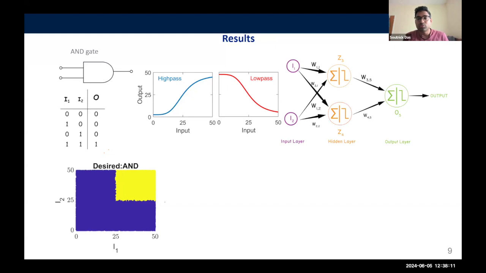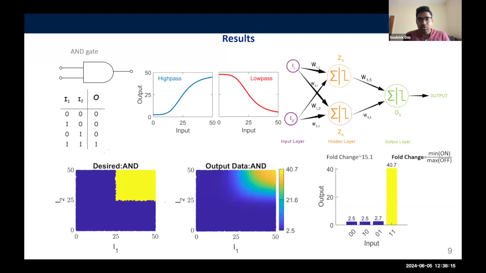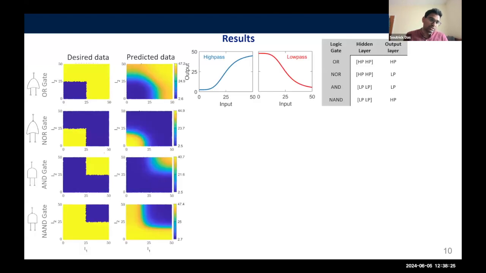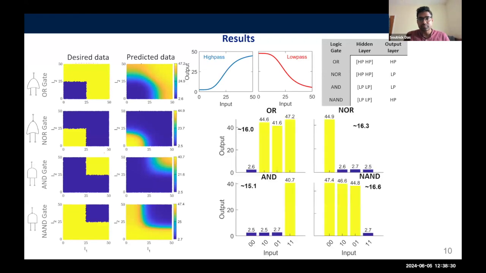All of the nodes have low pass, and we're getting this kind of output data where we can see the fold change is quite good. It's around 15. And we did a similar thing with other logic gate functions, and we get pretty good results for OR, NOR, and NAND gates.